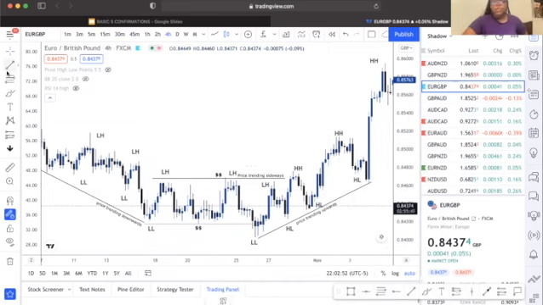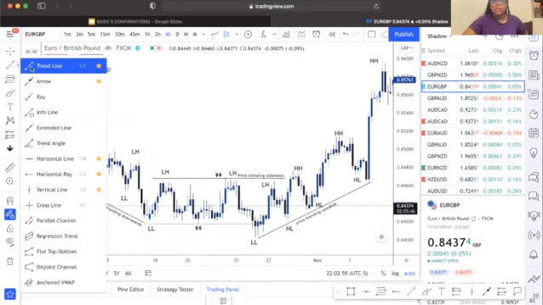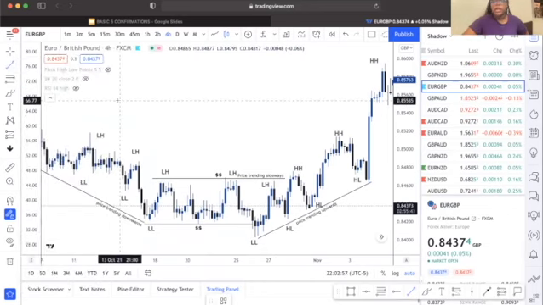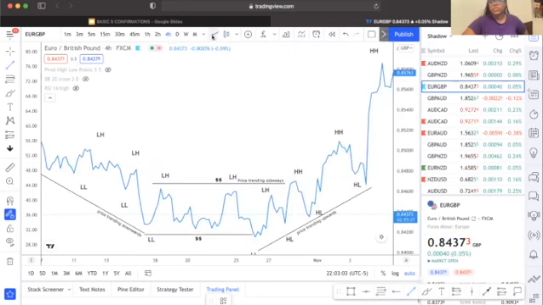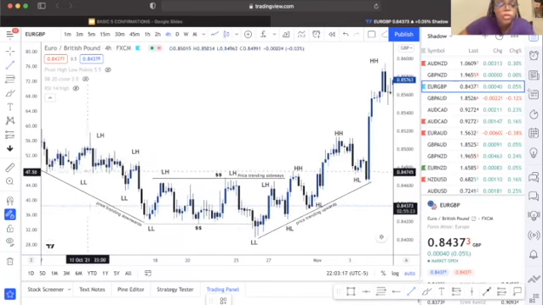Just to show you how to see it on the market, I always say if you can't understand structure at its best just by looking at it, you can always switch to the line graph, and it makes things a little bit simpler, just seeing where the market gets lower or stays below in a certain area. But going back to the candles, right here, I have a lower low.